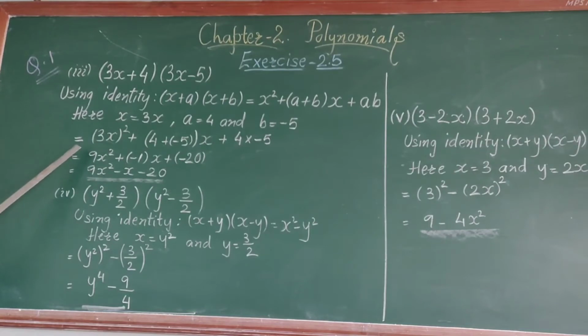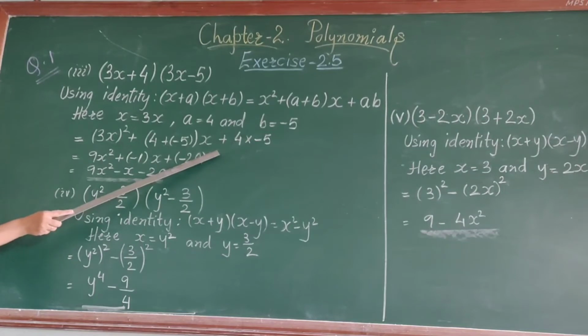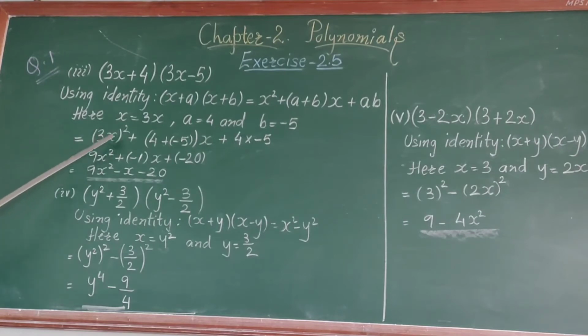Inserting the values, you get (3x)² + (4 + (−5))x + 4 × (−5). Opening the brackets, we solve further. Square of 3 is 9, and square of x is x², so we get 9x².